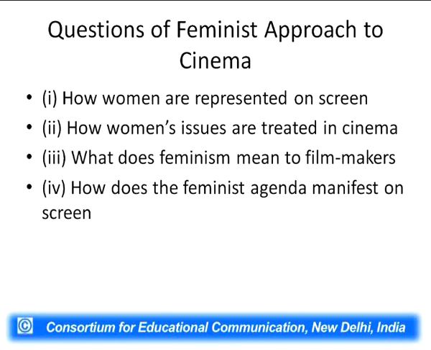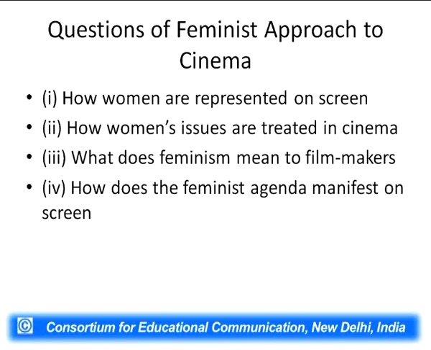As you can see on the screen, the third point: what does feminism mean to filmmakers? The filmmakers, those associated with the making of films, whether directors or producers, how do they understand feminism? That is another important aspect which should be questioned.